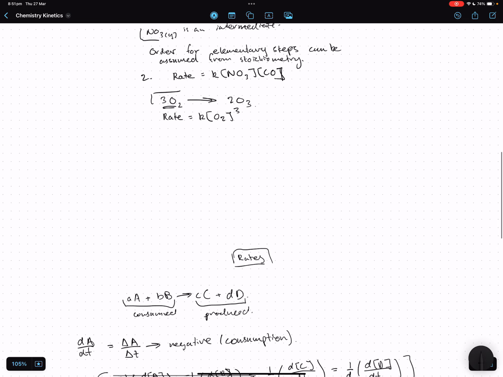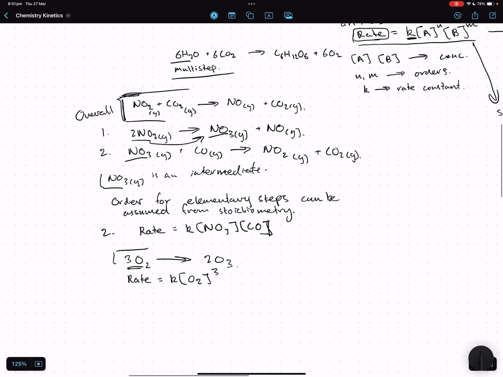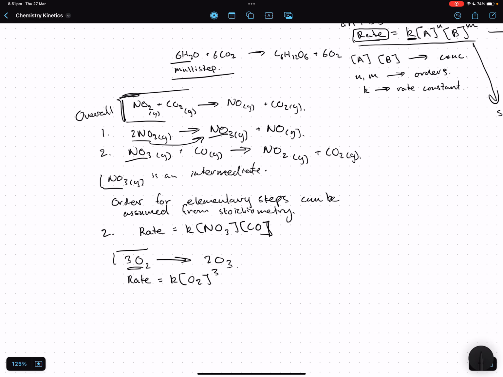There's one other thing. Let's think about these elementary steps again. It's not incredibly relevant, but just remember this. Certain reactions are described by terms like unimolecular, dimolecular, trimolecular, and I think they have other names.